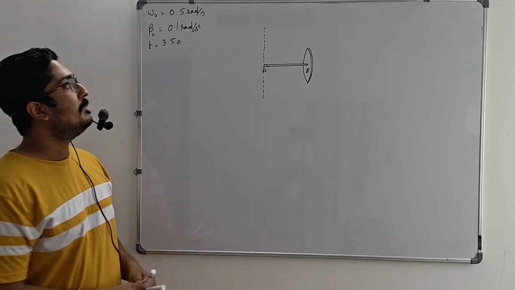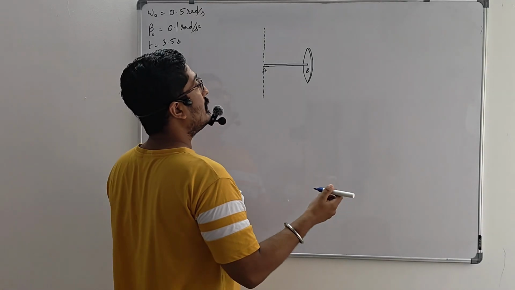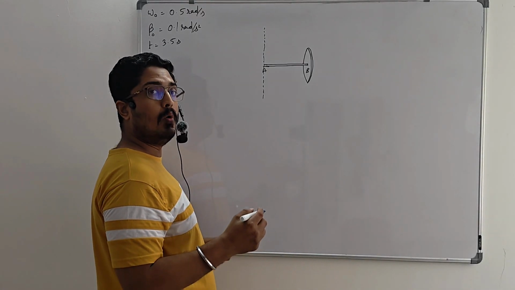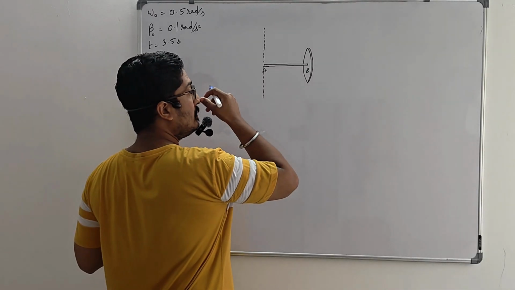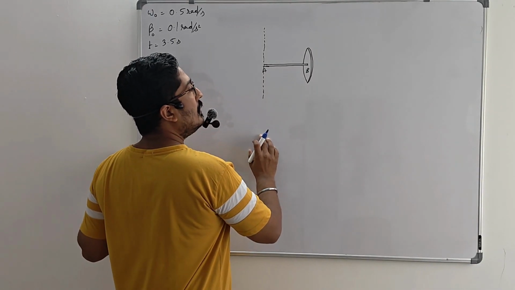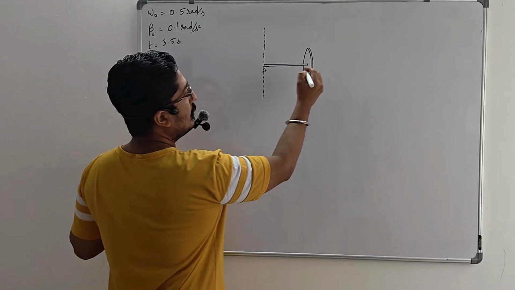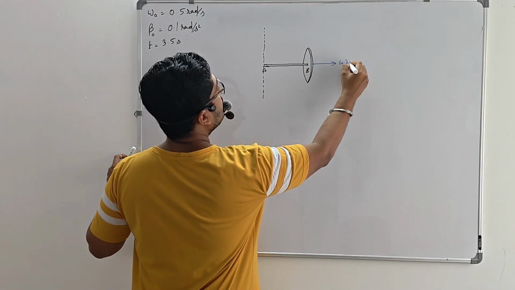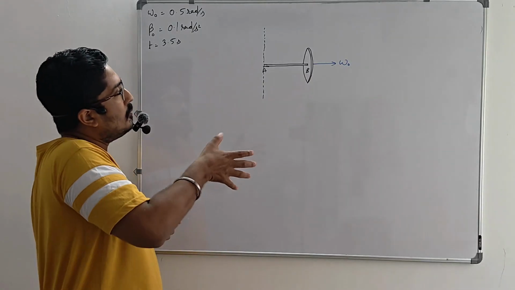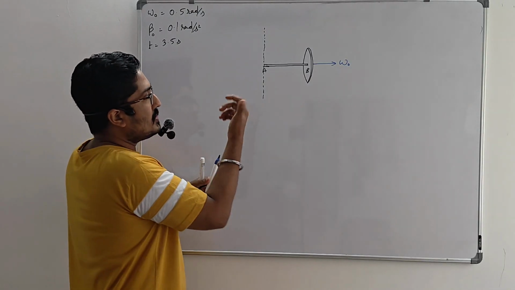So can I say that this omega can be considered as a rotational spin rotation, right? Spin omega. So if I want the omega to be in this direction, I'm assuming that omega naught is in this direction, then how should the rotation direction be?